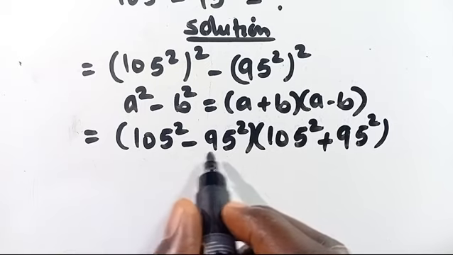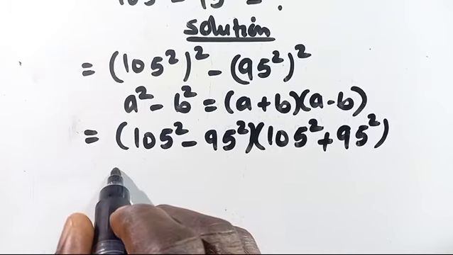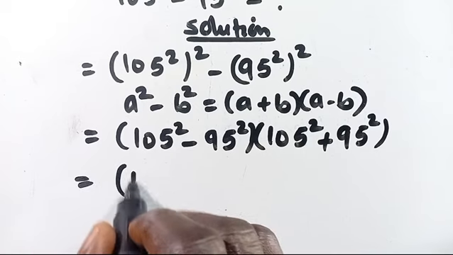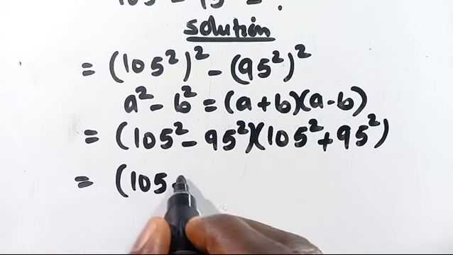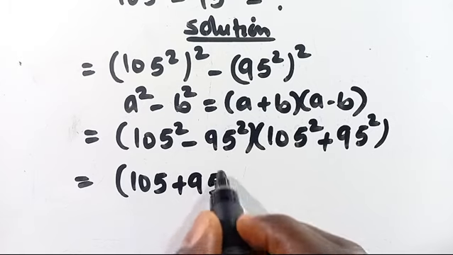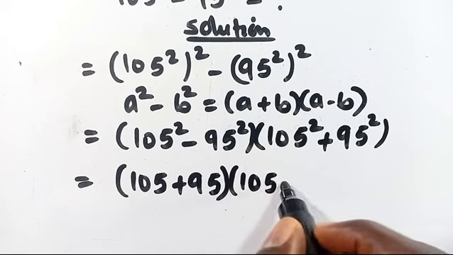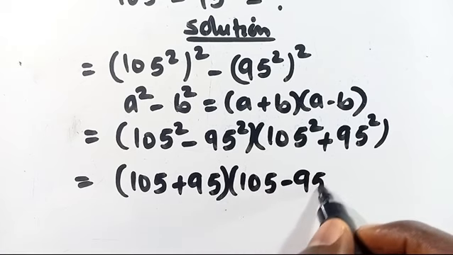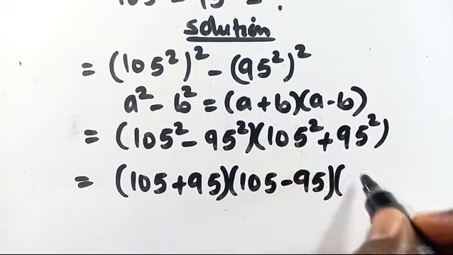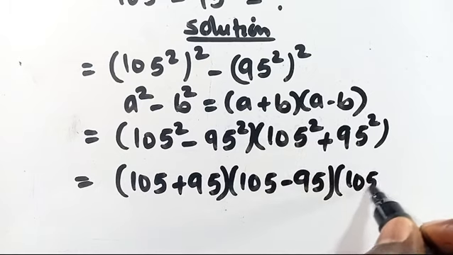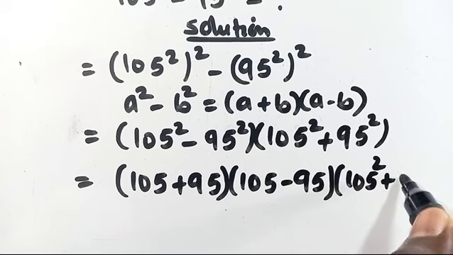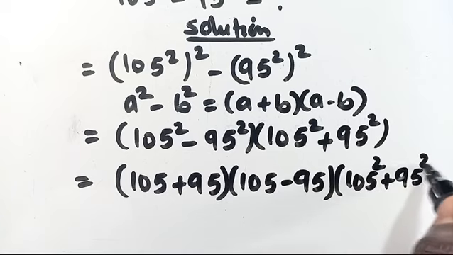Now from here, this is also a difference of two squares. When we simplify, this will be 105 plus 95 times 105 minus 95, times 105 squared plus 95 squared.